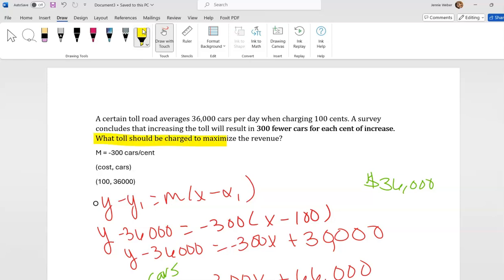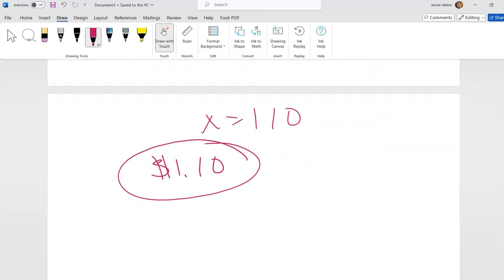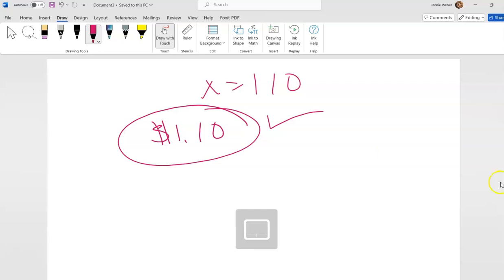In this case, what toll should be charged to maximize revenue? I answered it: $1.10 should be charged to maximize revenue. So again, it's really important to think about what they asked and whether I answered that particular question. It's really easy to get mixed up in all the other pieces and answer the wrong question.